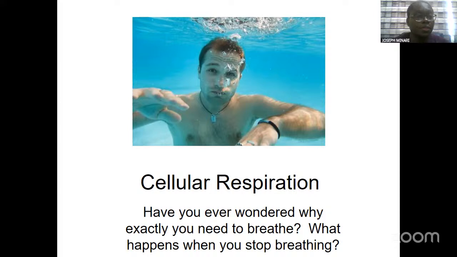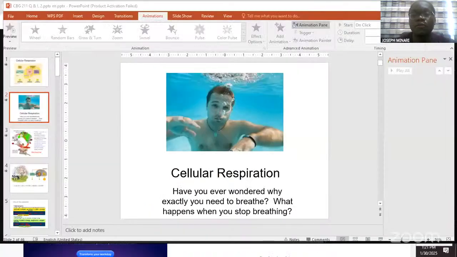This is CBG 211. We want to talk about cell biology. Today we are looking at cellular respiration, and under this we are going to look at some fundamental aspects of it.